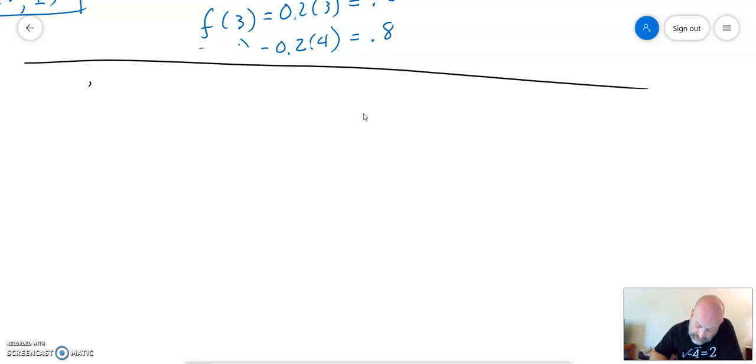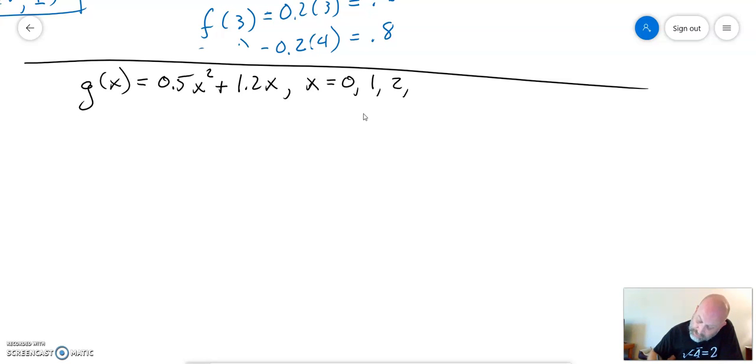The function is g of x equals 0.5 x squared plus 1.2x, and the domain is the points 0, 1, 2, 3, and 4. So there are still 5 points, it's just that we're starting at 0 this time. Pause the video right now, see if you can work this out, and then start playing the video again and see if we match up.